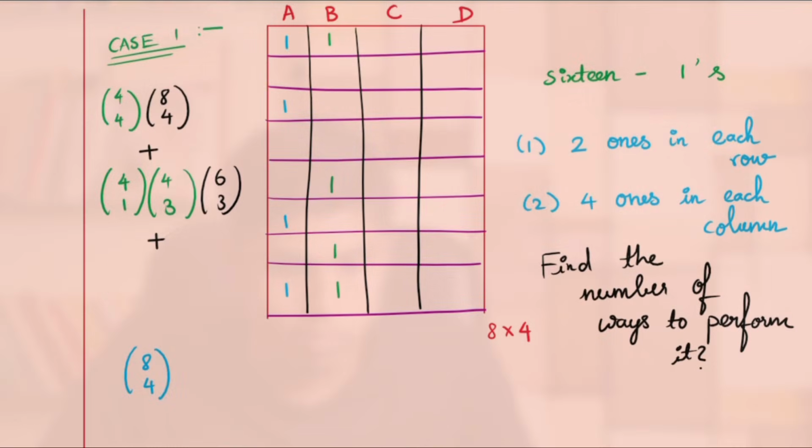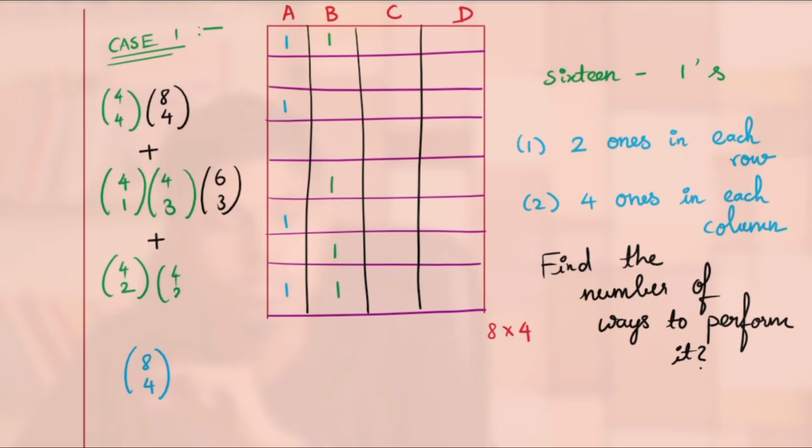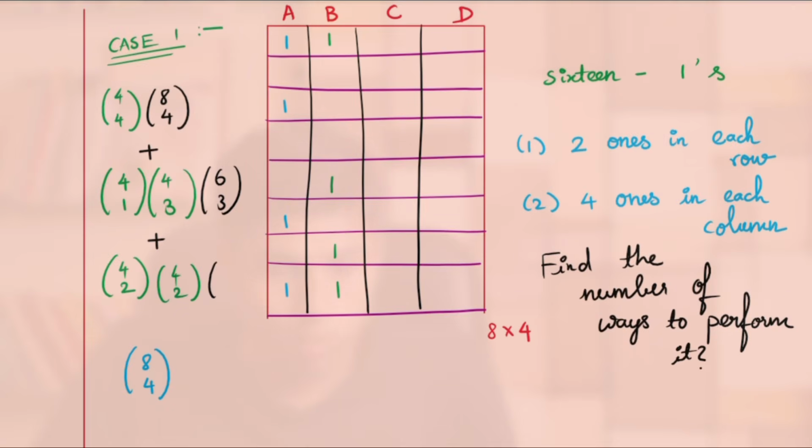Alright, now similarly working with the third case where 2 ones share the same row as that of the ones in the first column, and the other 2 do not share the same row. Now this gives 4 choose 2 ways to choose the ones matching up the row, 4 choose 2 ways for the ones that do not match up the row, times you have 4 choose 2 ways for filling up the third column.